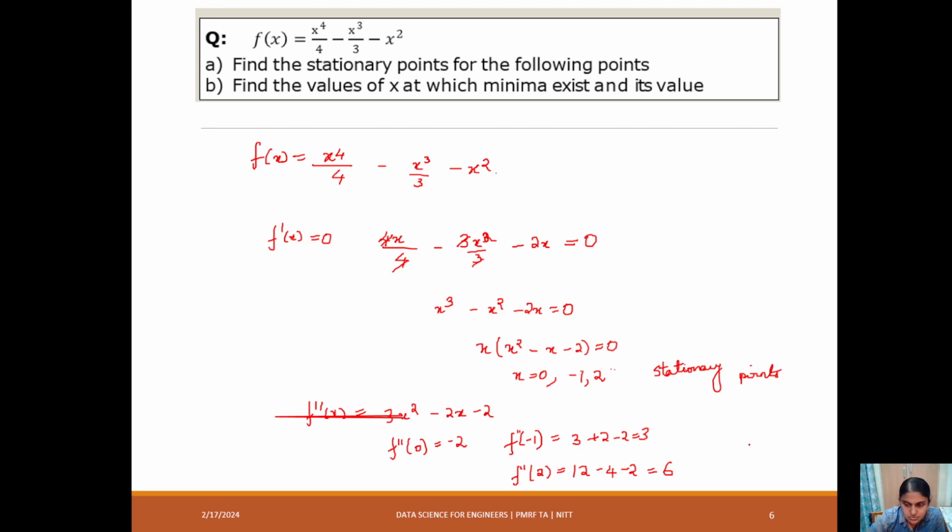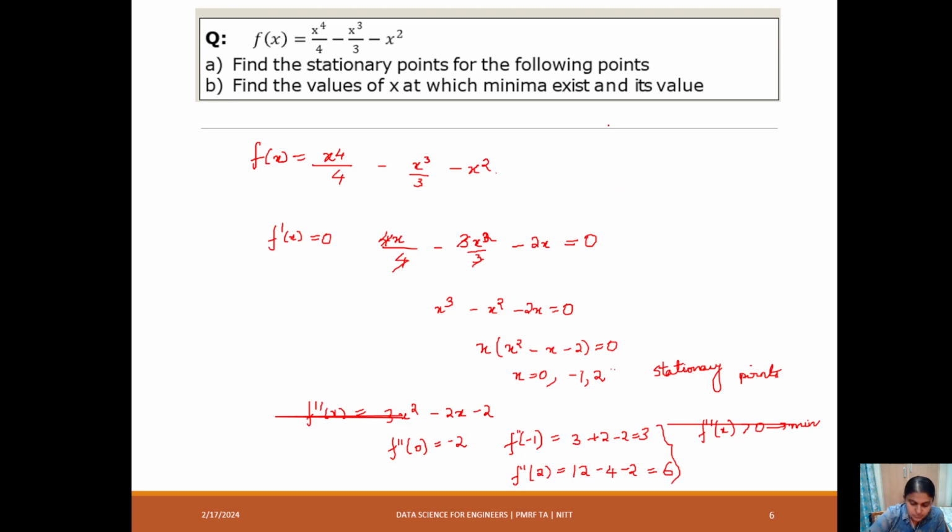Okay, so if f double dash of x is greater than 0, there exists the minimum value. But here you can see that two points are present where it's greater than 0, so we have to try it. F double dash of minus 1 and f double dash of 2 gave greater than 0.